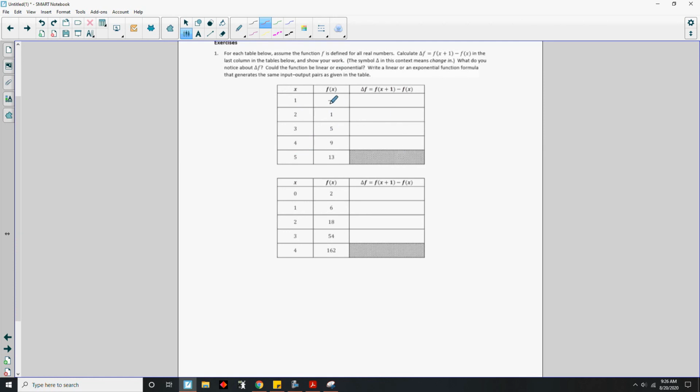Okay, so if we take f of x plus 1 minus f of x, so what they're saying is take x, and then, well, let's see.